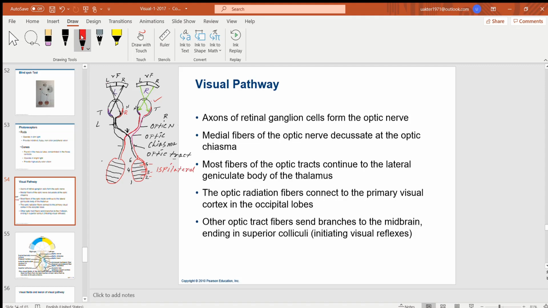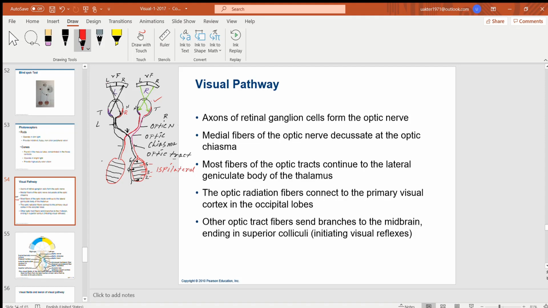Make sense? And now let's see the contralateral fibers. They will give the signal to layers 1, 4 and 6. So you see that the signal is still processed separately, coming from separate eyes in separate layers. Same thing here, right?